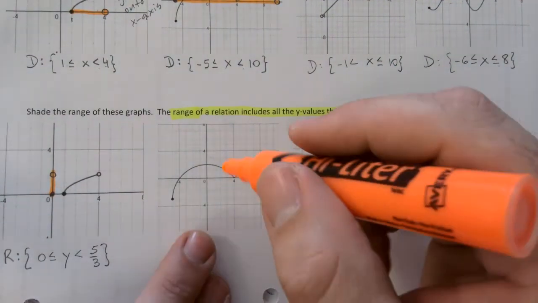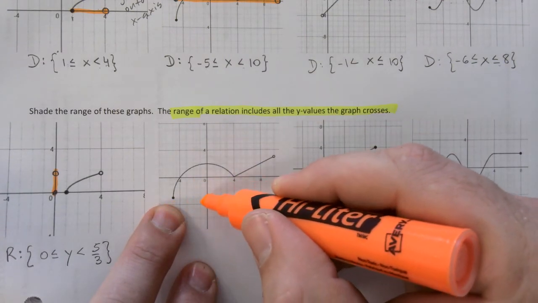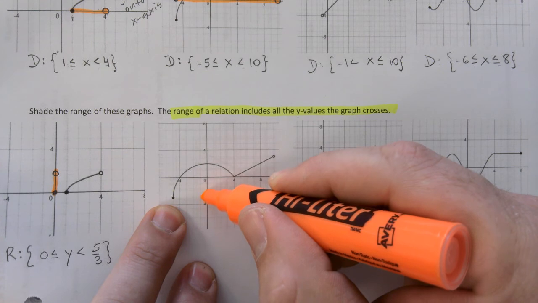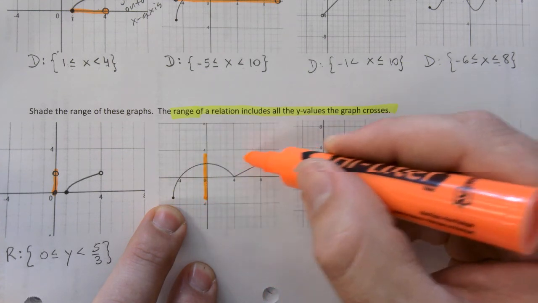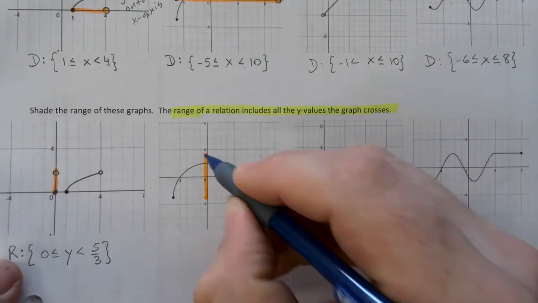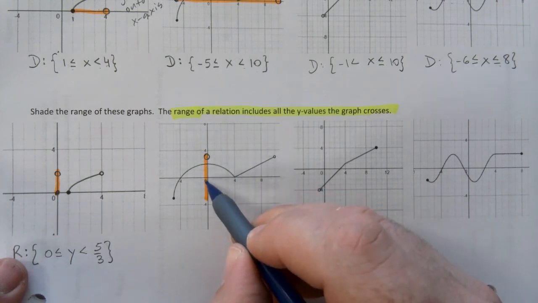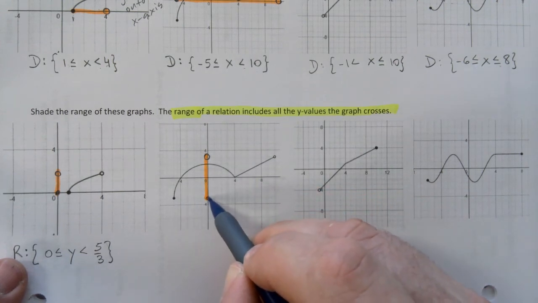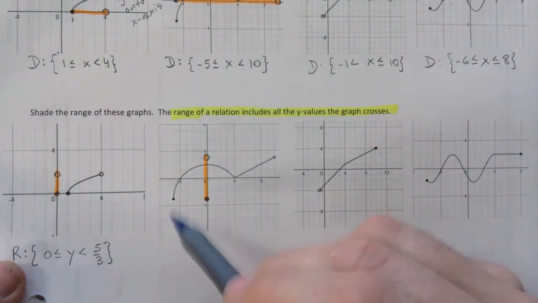Okay, what about this one here? We start with the lowest here, so we're at -3, and then we're going to highlight along the y-axis for as long as we see the graph, and it stops right here. So this is open here because of that, and this is solid. I did not extend past where I see the graph.